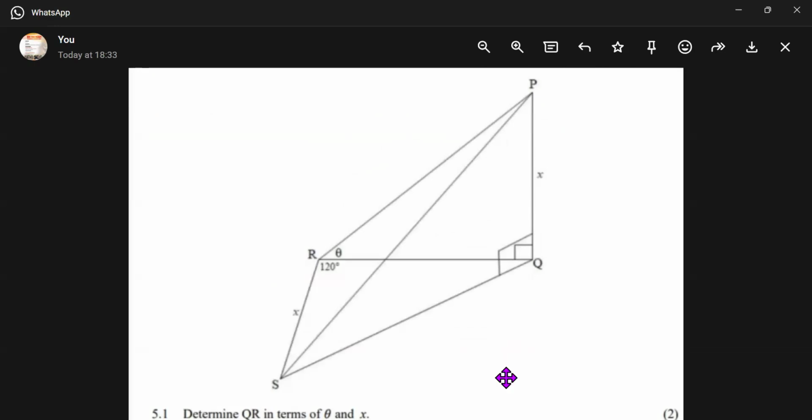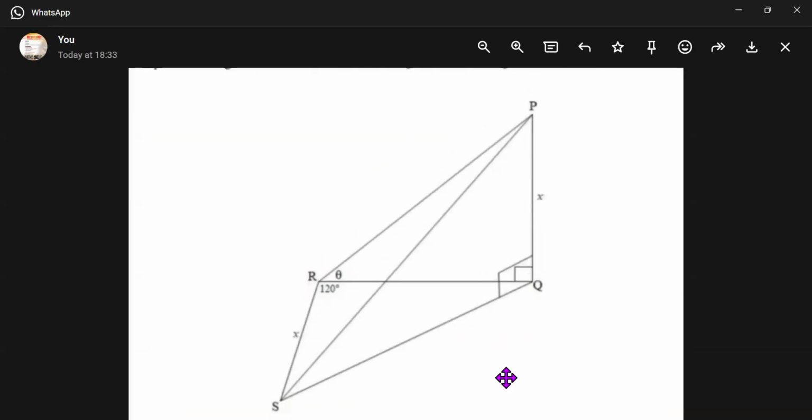And when we carefully look at the case here, we can see that we have many triangles. There's triangle PRS, there's triangle PRQ, there's triangle PSQ, and there's also triangle QRS. So it's actually 4.